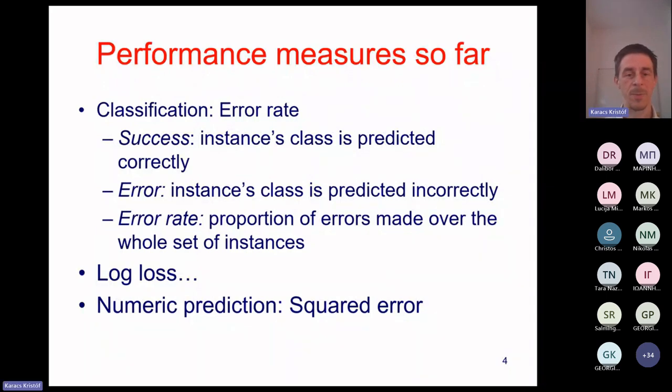And this is computed from the success rate by subtracting it from 1. Basically, these are fairly simple to use. One measures what is the ratio of predicting a sample correctly, and the other one is what is the ratio of predicting it incorrectly.